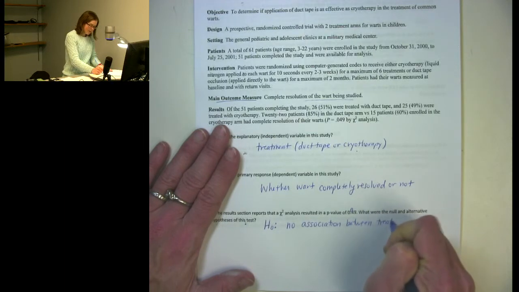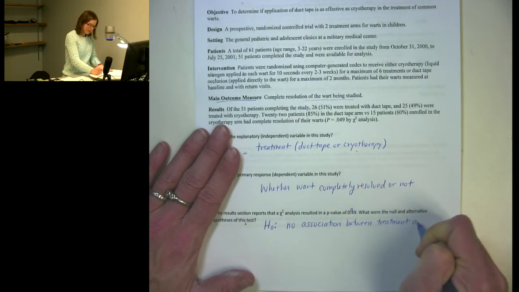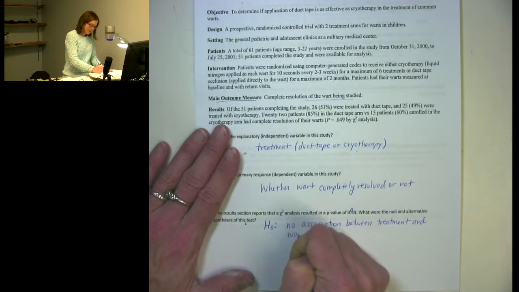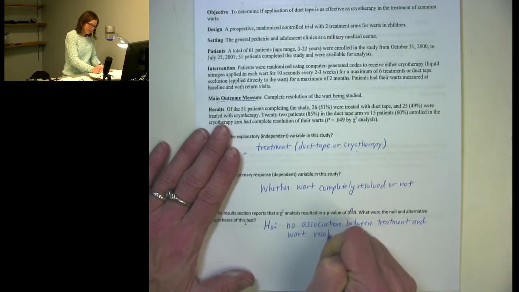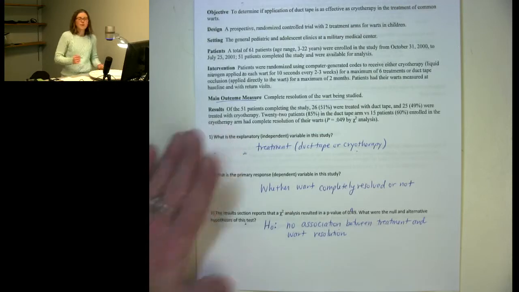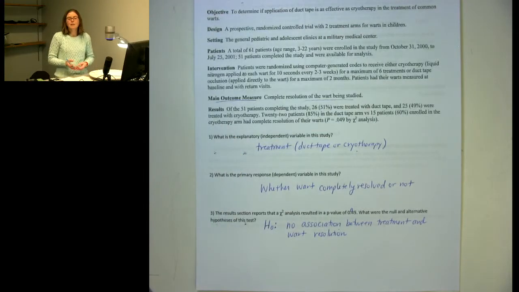between the treatment and wart resolution. This would mean that duct tape and cryotherapy are equally effective.